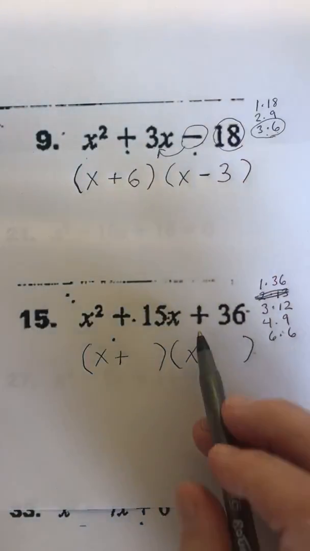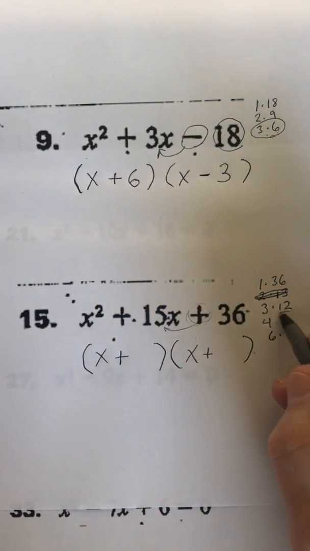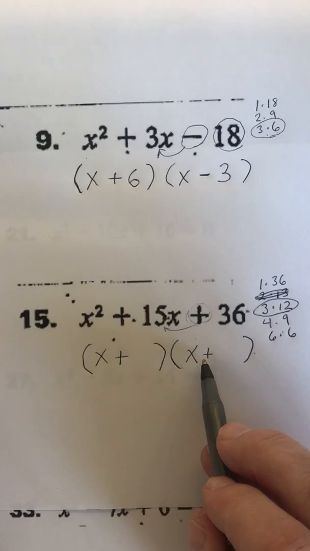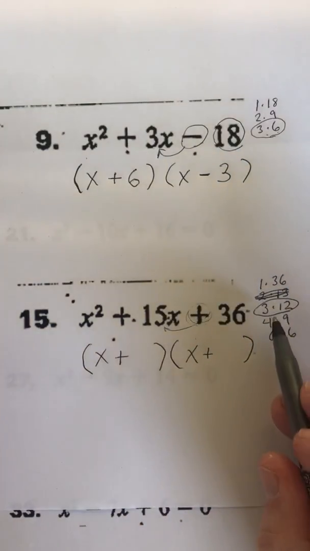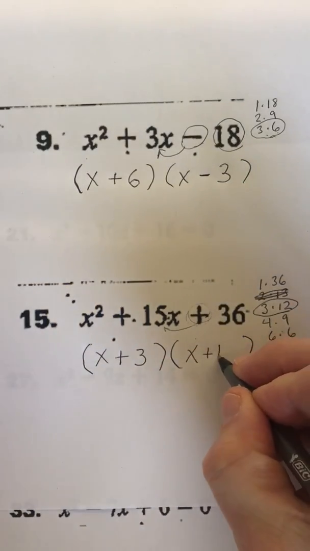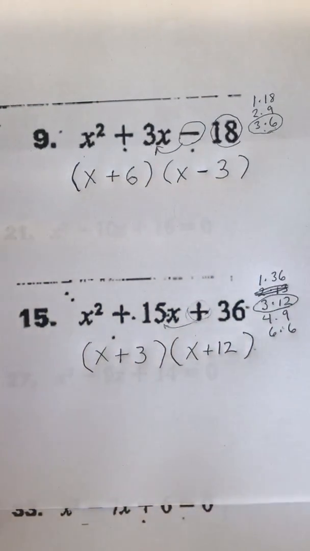All right, and the factors that when we add them, we get a 15, would be the 3 and the 12. So the signs are both the same in the parentheses, so it doesn't matter which way you put them in, so we have x plus 3 and x plus 12. All right, so that's the first ones where we were just factoring.